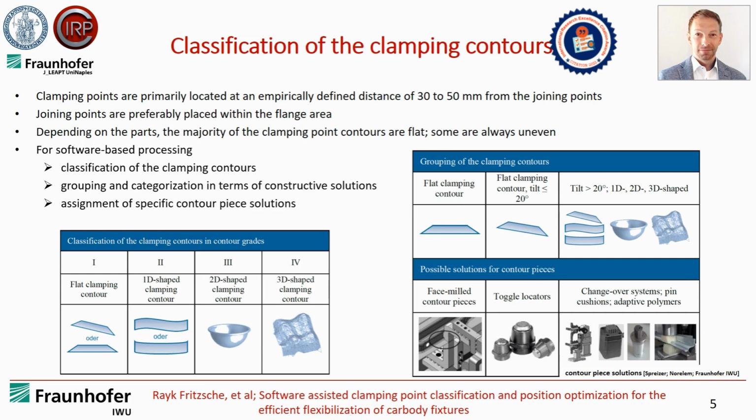Group 1 are only flat clamping contours, which are plane and parallel, and group 2 are flat clamping contours which are tilted up to 20 degrees, and all other contour grades are grouped in group 3.